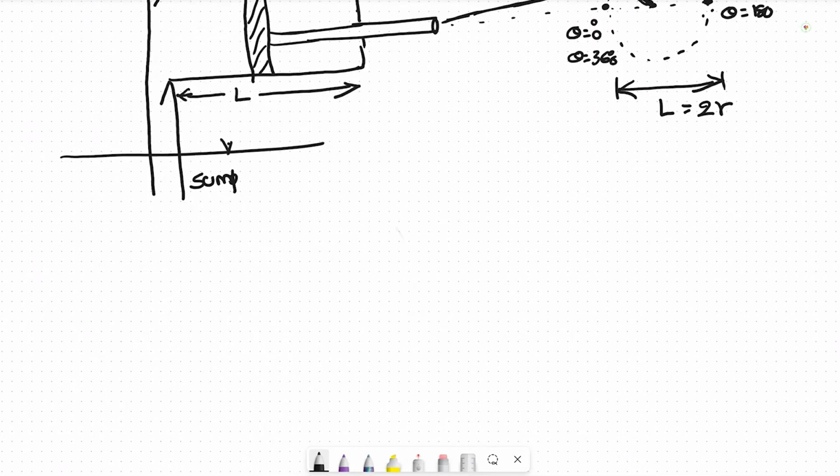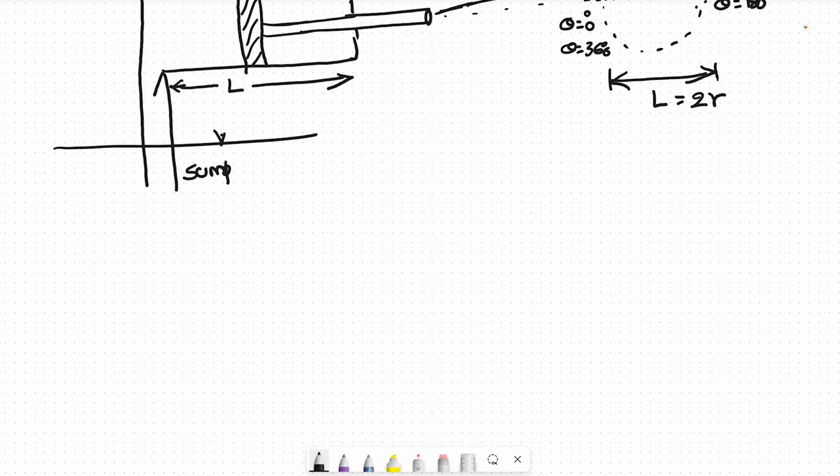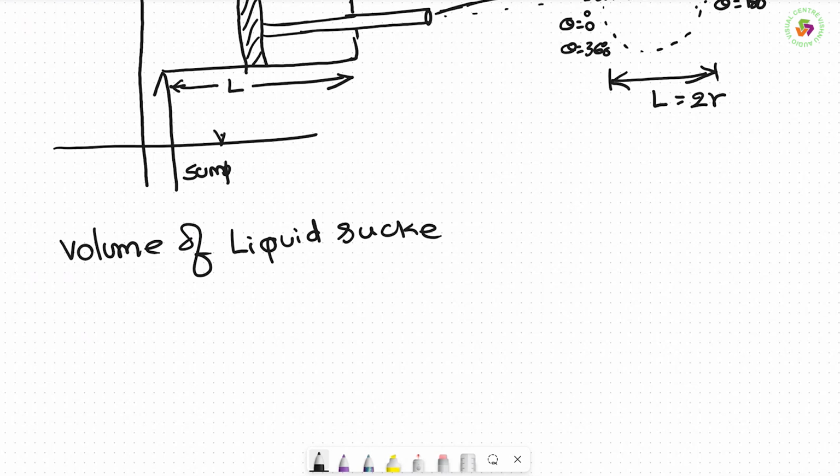Now coming to the derivation point of view straight. What is the volume of liquid sucked during the suction stroke? During the suction stroke, what is happening?